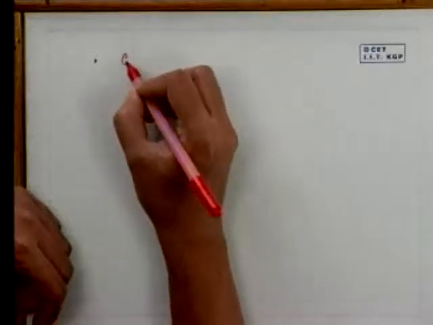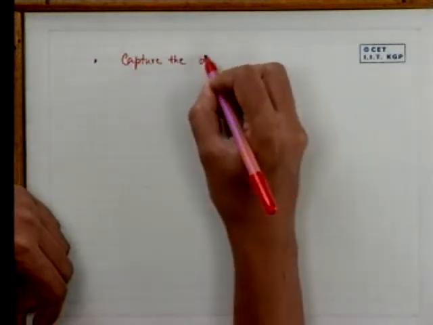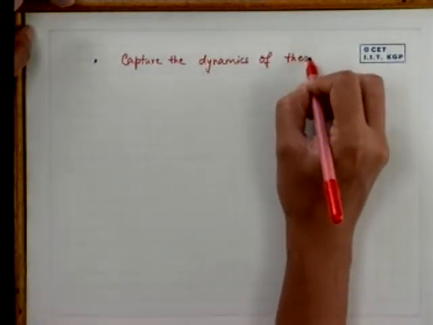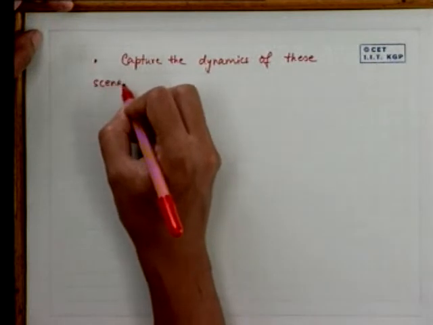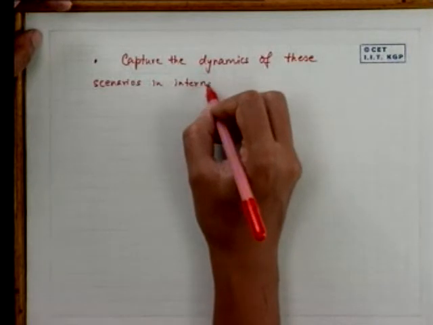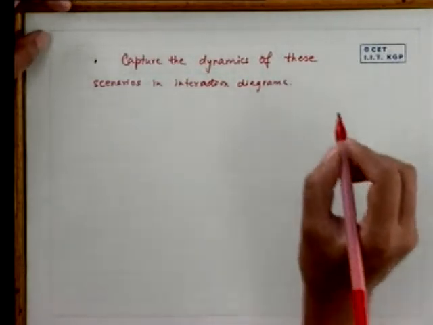Fourthly, you capture the dynamics of these scenarios in interaction diagrams. You can use sequence diagrams if you want to emphasize the time ordering of messages, and you can use collaboration diagrams if you want to emphasize the structural organization.